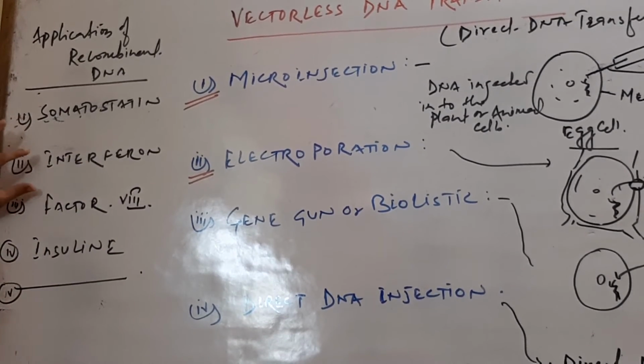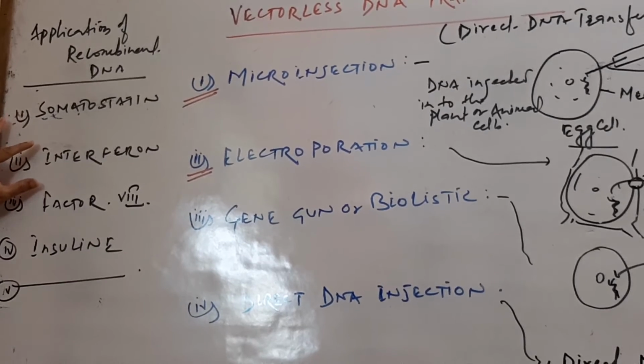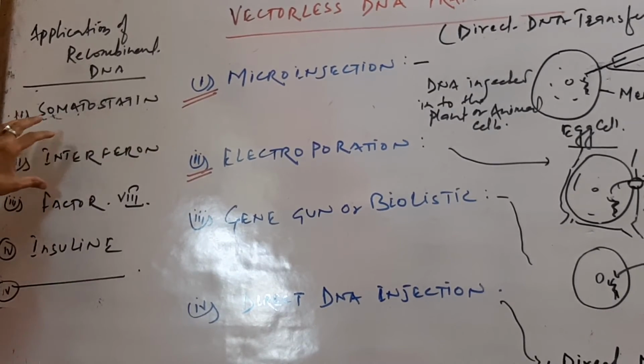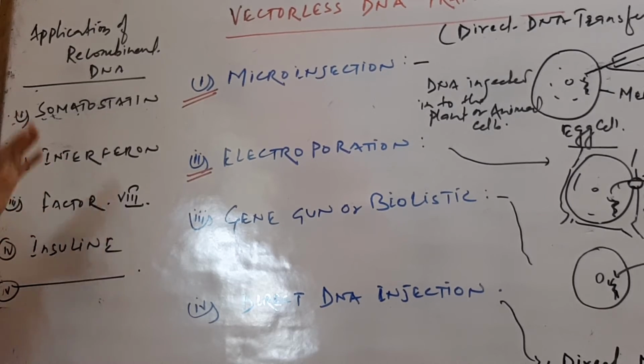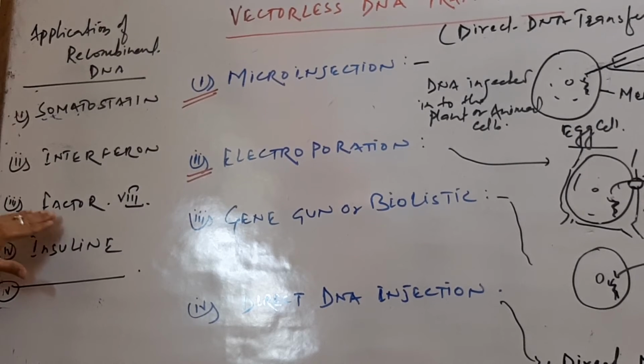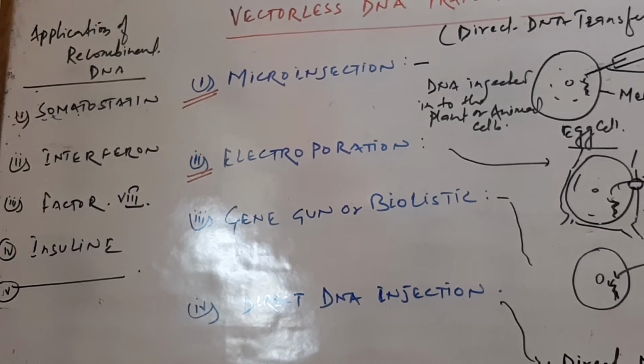The second is interferon, a protein which helps in the defense process. Interferon acts as an antiviral and anti-cancer agent. It is a very potent protein formed through the genetic engineering process with the help of bacteria. Another is factor 8, an anti-hemophilic clotting factor, which we produce through recombinant DNA technology.